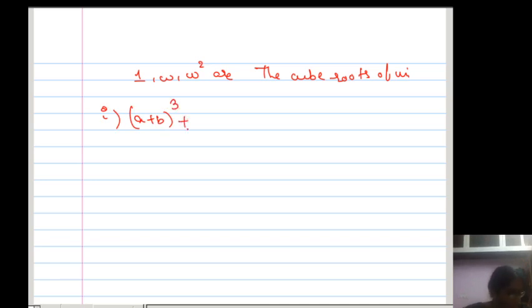a plus b whole cube, a omega plus b omega power 2 whole cube, plus a omega power 2 plus b omega whole cube. How to simplify this? Let us see.